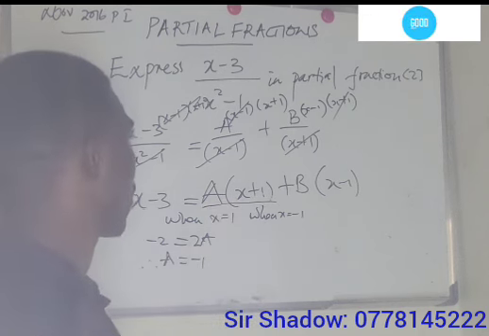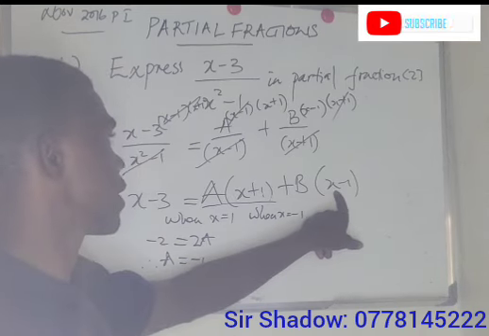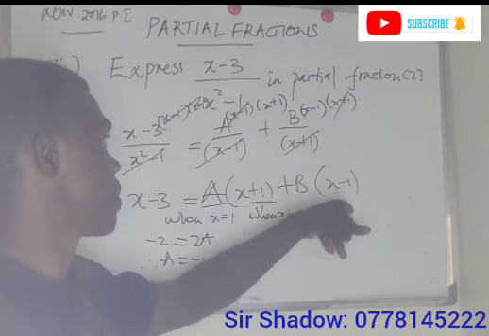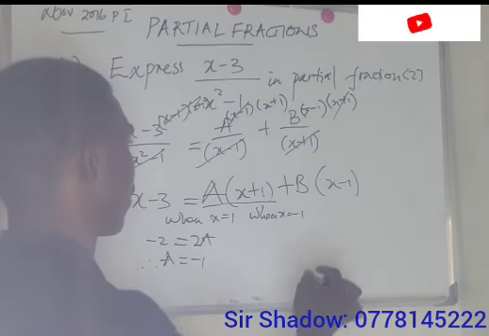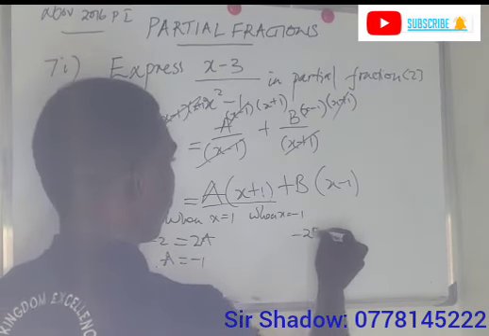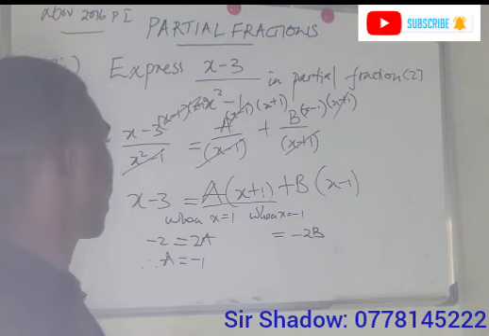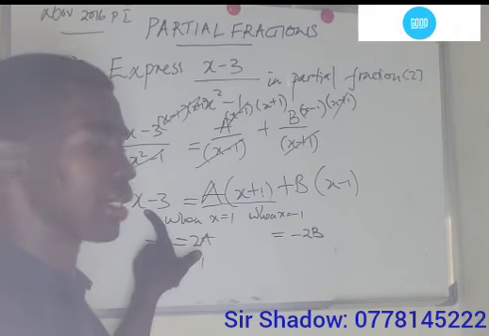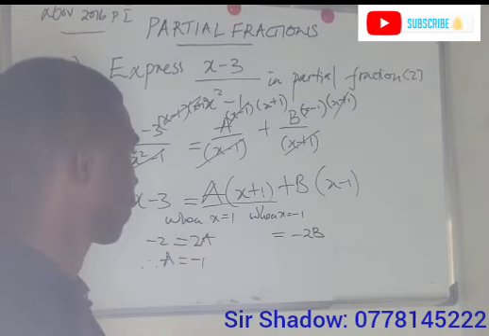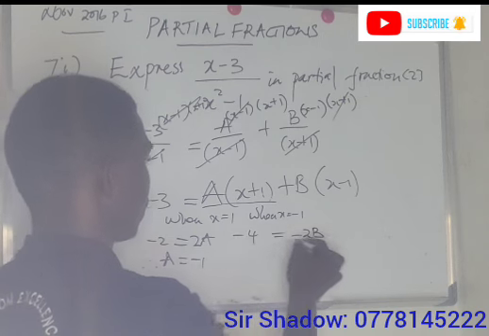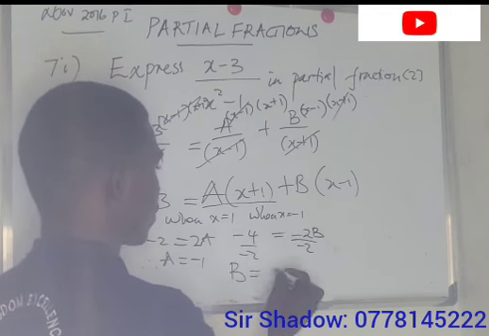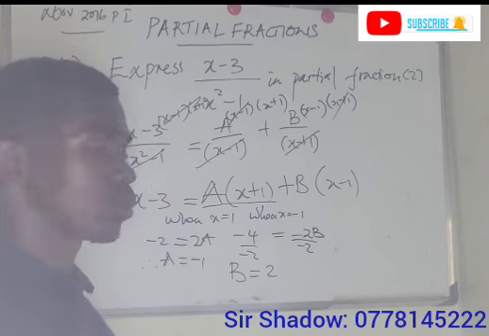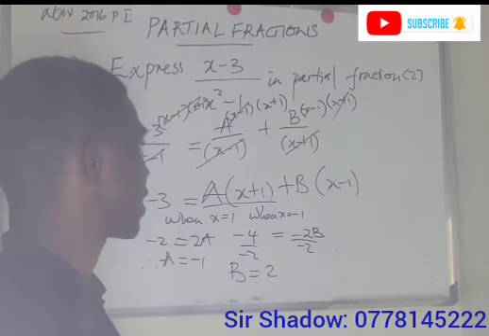Then when x is minus 1, this is minus 2, and we have minus 2b now. Minus 2b is equal to, when x is minus 1, minus 1 minus 3, which is minus 4, divided by minus 2, so b equals 2. So now we have the values of the constants a and b.